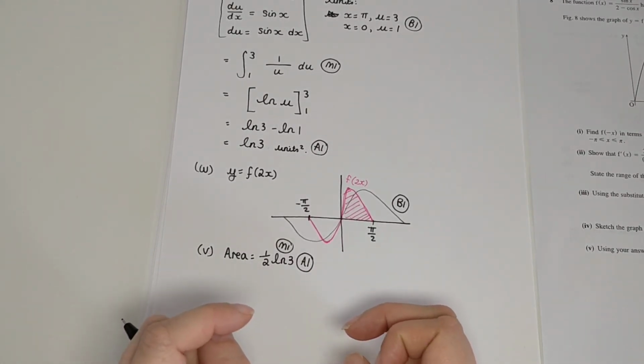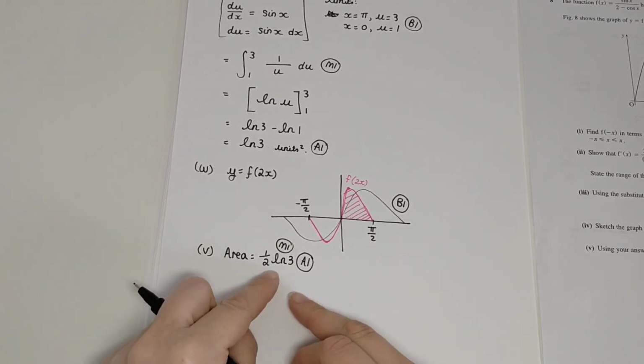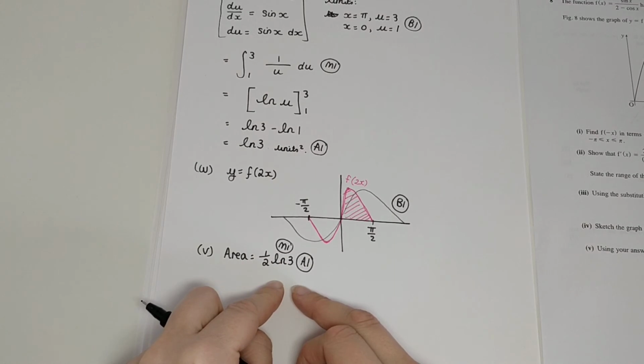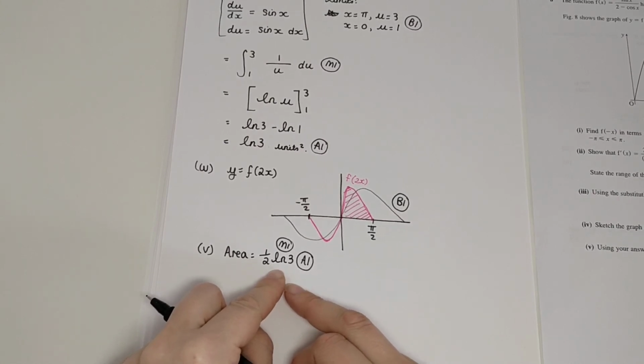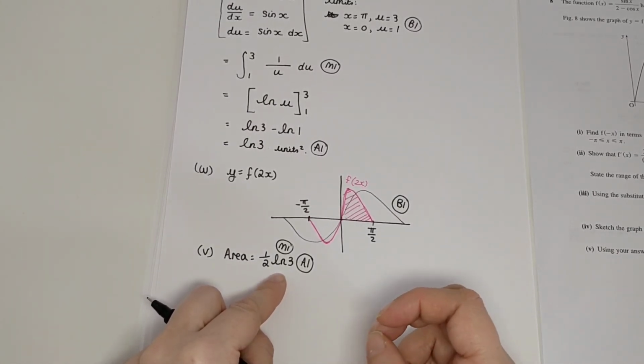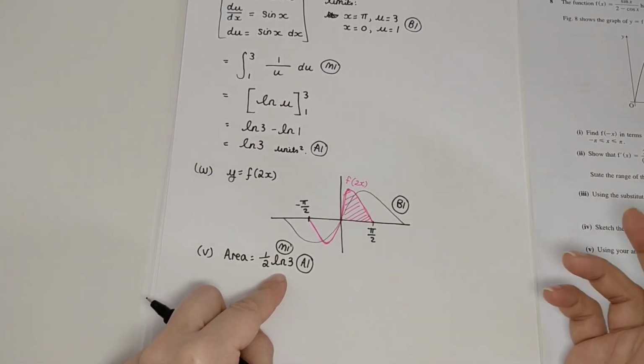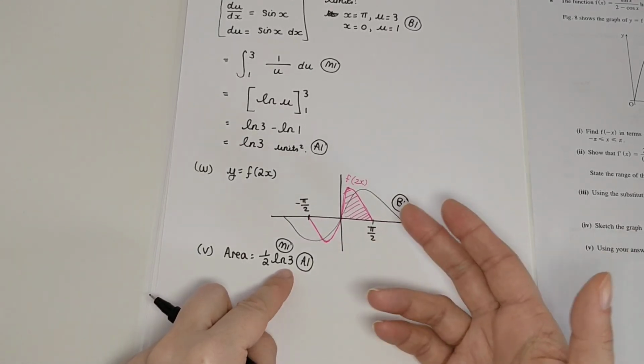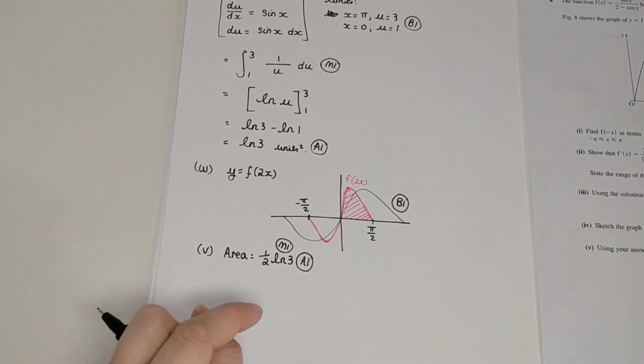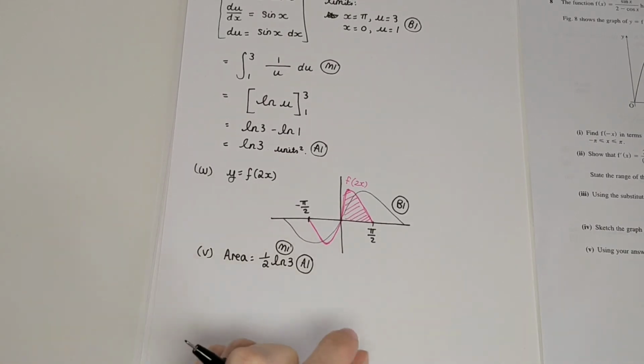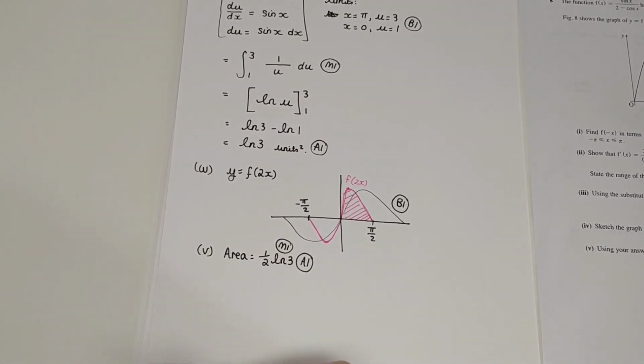But the reason the method mark is there is because let's say you did something stupid, like you wrote log of 3 squared, which it should actually be log of root 3. Or let's say you wrote log of 3 over 2 as your final answer, because you don't know log rules.